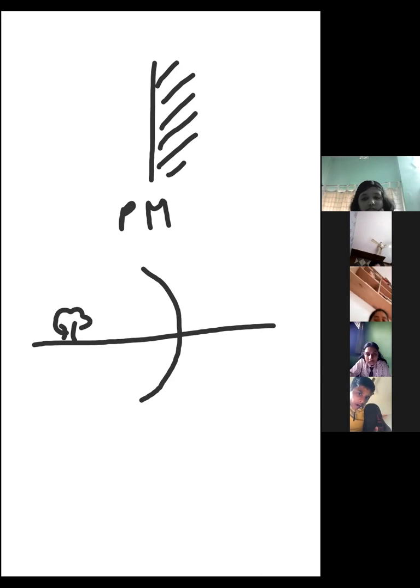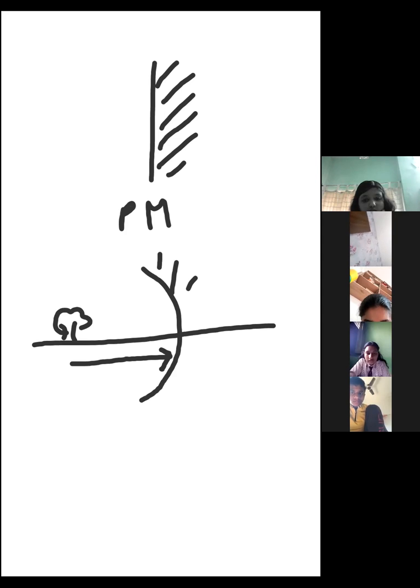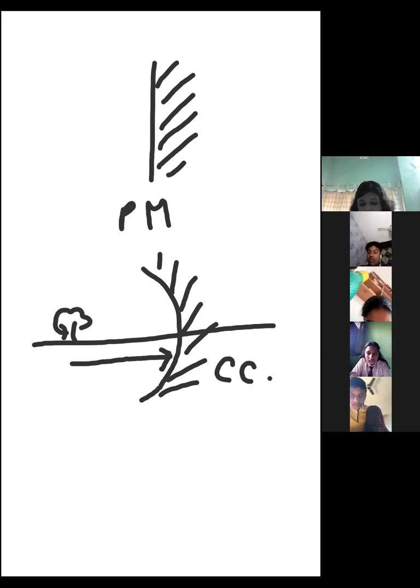The object will face the engraved side of the mirror, and the mirror will be engraved in the inward direction. This is the outward side of the mirror and the object will be placed on the inward side of the mirror. So if the mirror is engraved to the inward side, that is called a concave mirror. I'm writing CC in short form, concave.